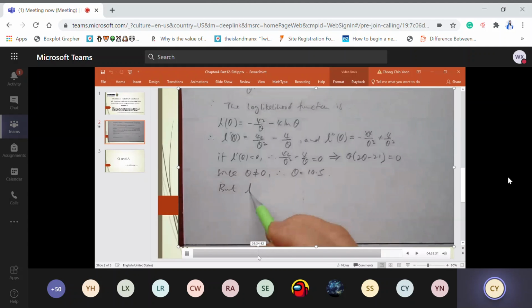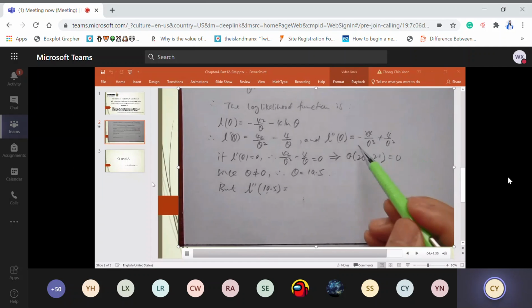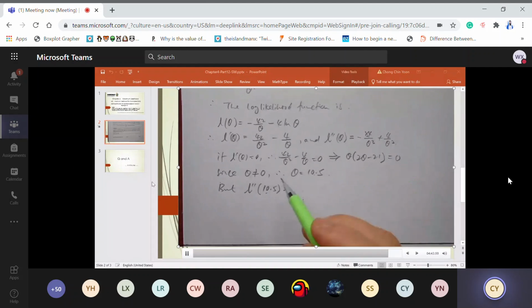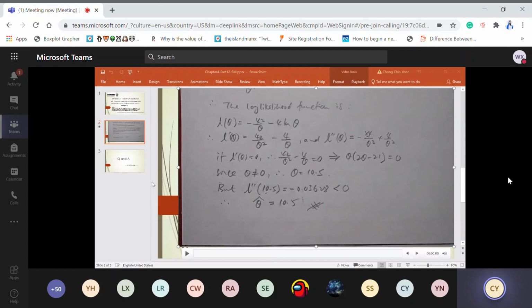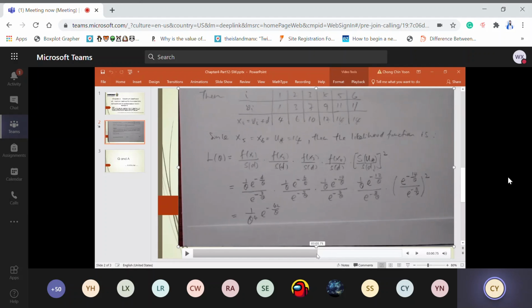At this value 10.5, if we substitute it into the second derivative, we get negative 0.03628, which is less than 0. Therefore, under MLE, the estimate of this parameter theta is 10.5. Okay, so very obvious for this example.